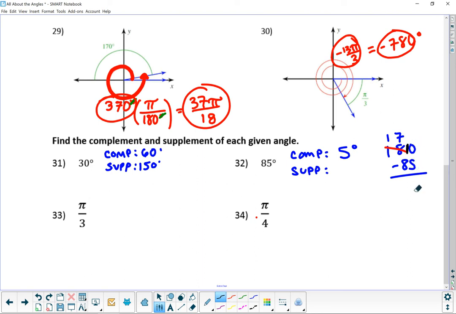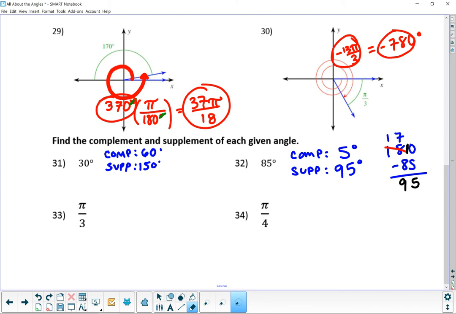So now I can do 10 minus 5 is 5, and then 8 from 17 gets you 9, and that's going to be 95 degrees, just like that.